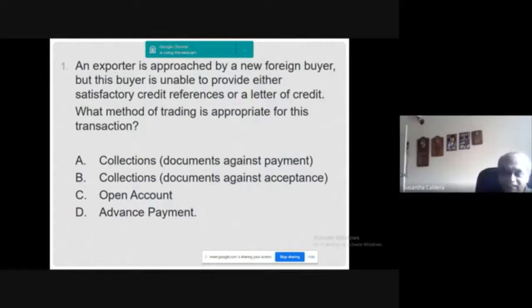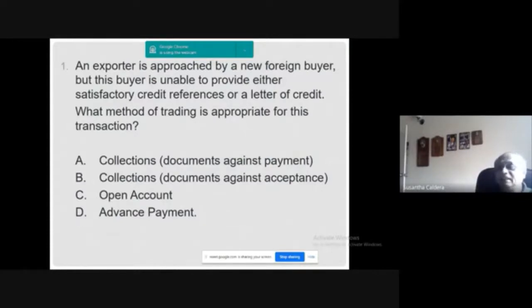Obviously not B and C. Between A and D, read the question very carefully. An exporter is approached by a new foreign buyer. New foreign buyer. But this buyer is unable to provide either satisfactory credit references or a letter of credit. Brand new, we don't know anything about him.